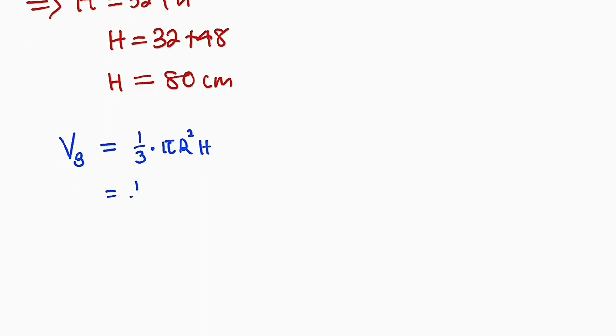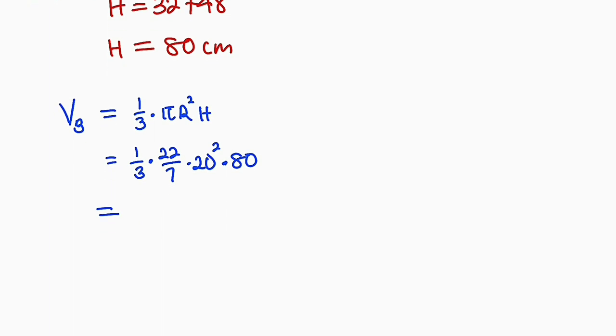So this is one-third multiplied by 22/7 as our pi, as they say we should use, and capital R is 20 squared, then multiplied by H, which is 80.